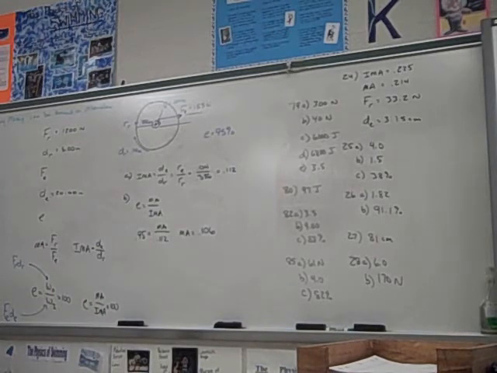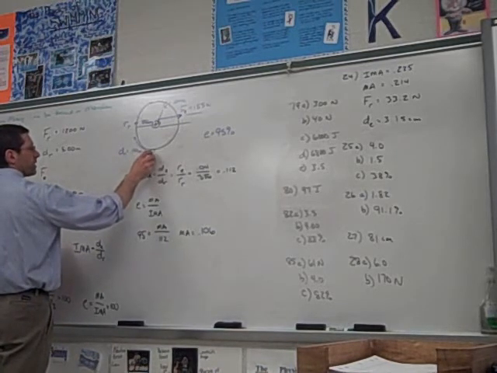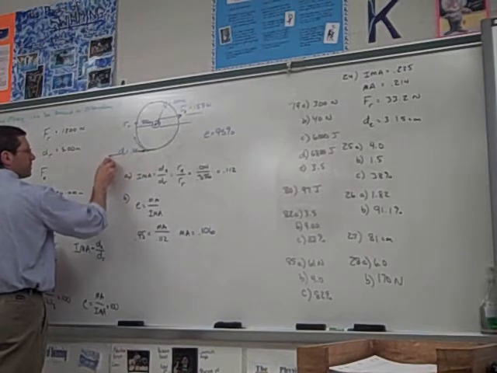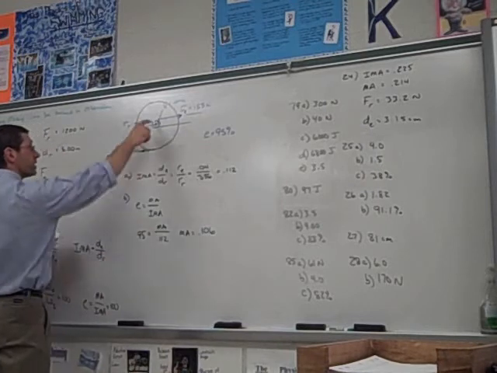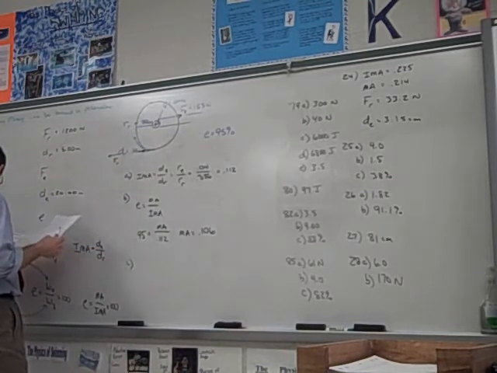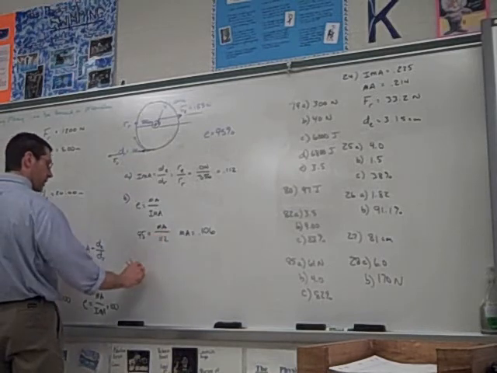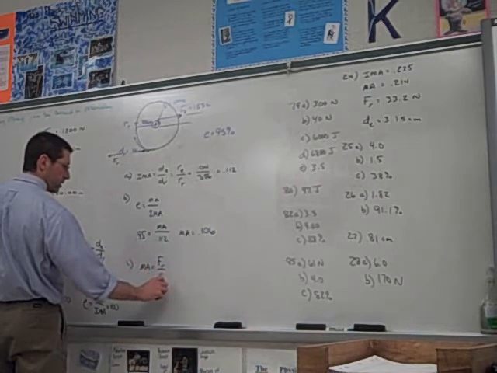C, solve for the effort or resistance force. So how much force is actually being applied down here on the road? How much force are you applying to the road by doing this? You now have your mechanical advantage, and you know FR and FE.